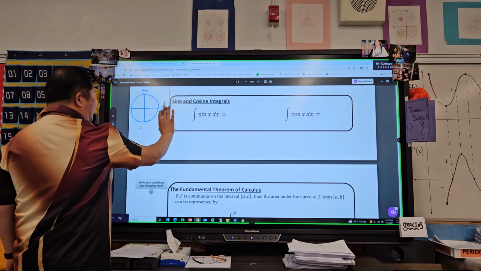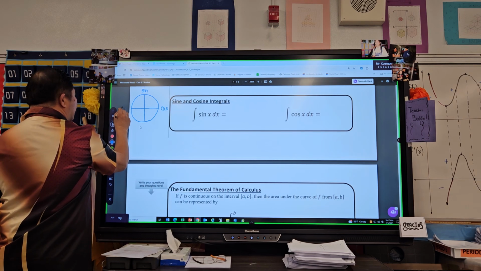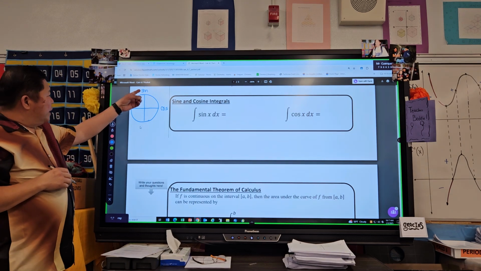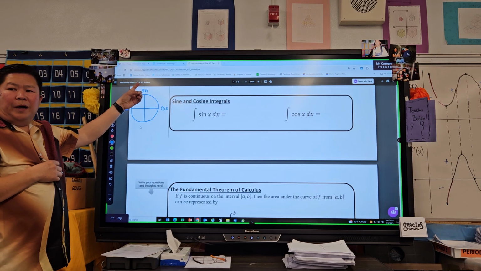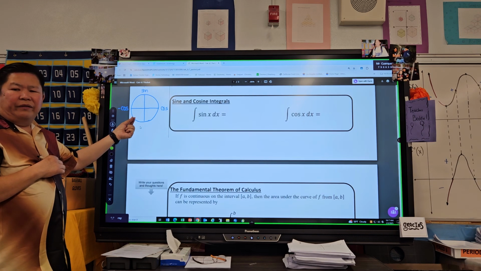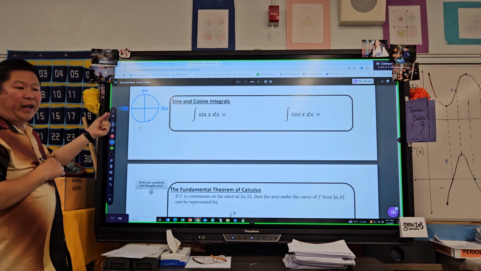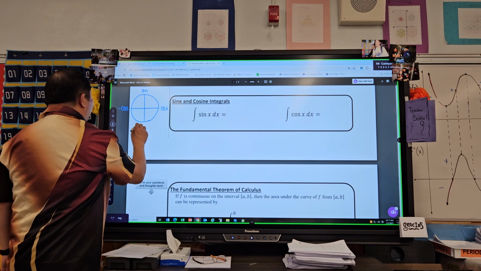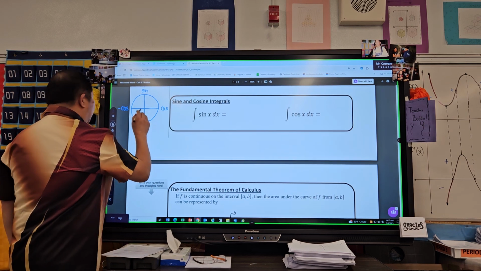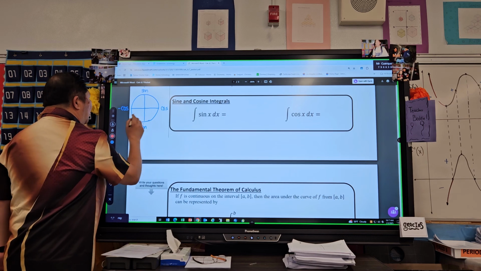If this is positive right here, cosine is negative. If sine of 90 degrees is positive, sine of 270 degrees is negative. Why is it negative? Remember the coordinate of cosine.